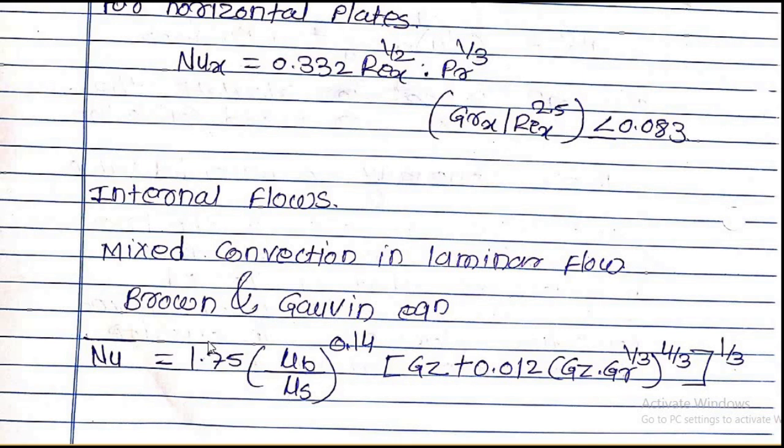So this equation is called the Brown and Gohvin equation, used in case of internal flow with laminar flow. If the fluid is flowing through cylinders and the flow type is laminar, then the Brown and Gohvin equation should be used.